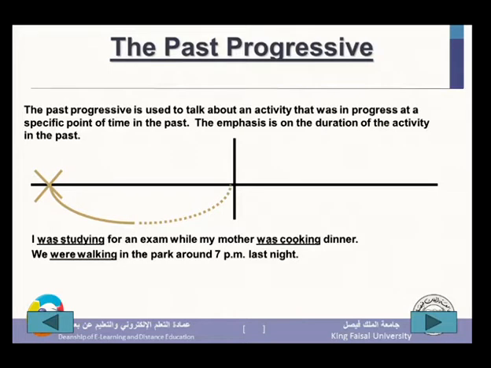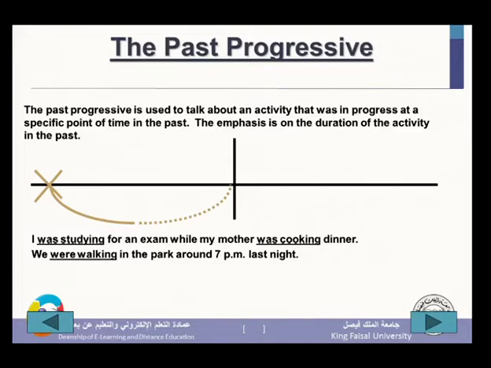So I'm talking about the progressive form, but in the past. Let me give you another example. While we were walking in the park, we saw a dog. So in the past, the action was in progress. We were walking. While we were walking, we saw a dog. So this is what we mean by the past progressive. It is an action that was in progress, but all of these activities were in the past.